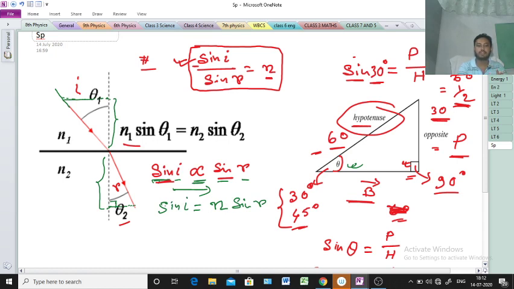Is it clear or not? Sine I equal to n sine r, where n is a constant.